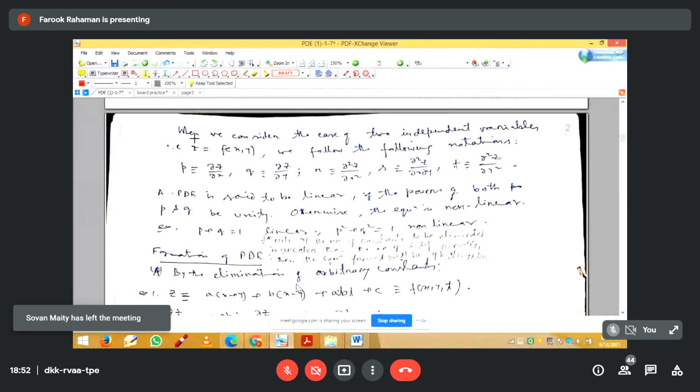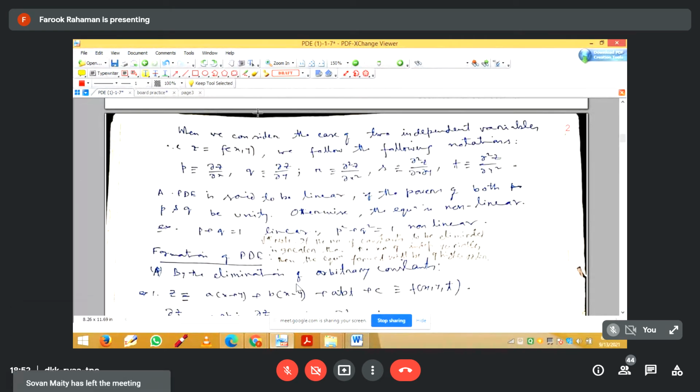And now we treat a function of 2 variables only. For this treatment, we use some symbols. Just remember these notations.